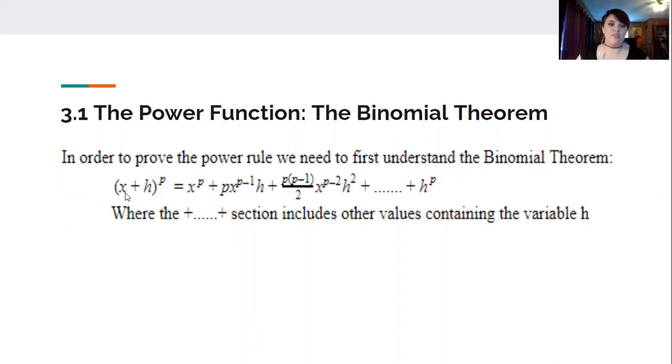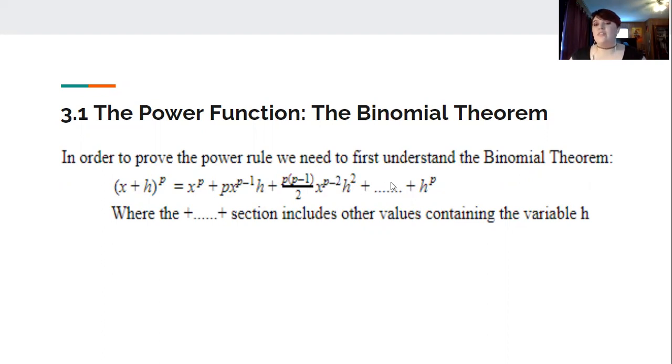So the binomial theorem states that for every quantity x plus h to the power of p, we can expand this function to x to the power of p plus p x to the power of p minus 1 multiplied by h, plus p multiplied by quantity p minus 1 over 2 multiplied by x to the p minus 2 multiplied by h squared, plus a whole bunch of other terms that have h to the power of some number, and our last term is h to the power of p.